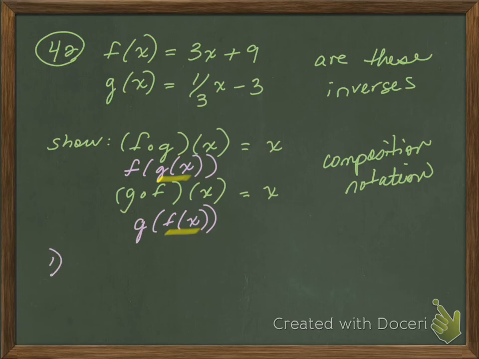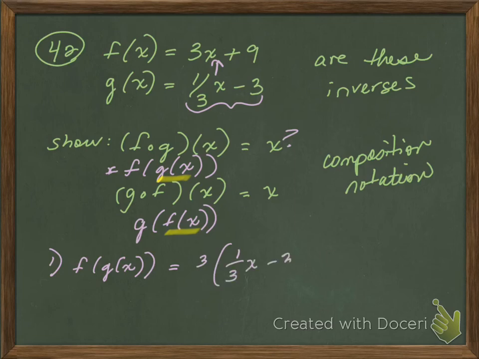So the first thing we're going to show is right here. f of g of x means that inside of our function f, we're going to replace x with g. So basically, I'm going to take this and put it inside and see, does it equal x? So we have 3 times 1/3 x minus 3 plus 9.